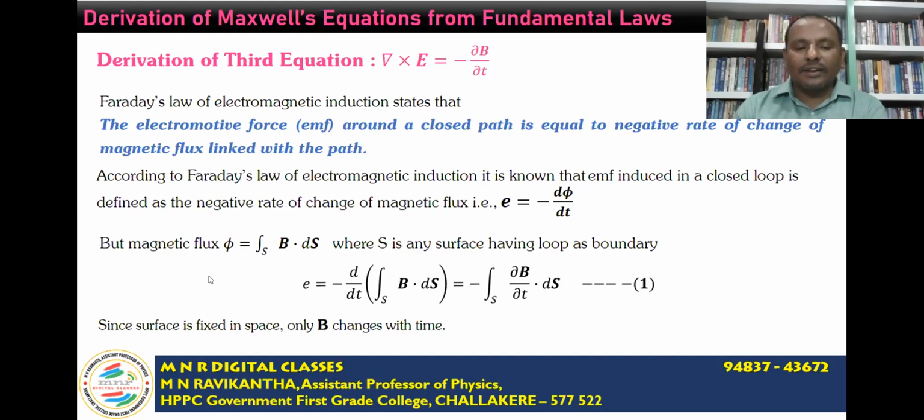Taking this inside, we get negative surface integral of dou B by dou t dot ds. Call this equation 1. Now, this change is due to the fact that the surface is fixed in space and only the magnetic field changes with time. Since this S is fixed, we can convert the total derivative into a partial derivative.